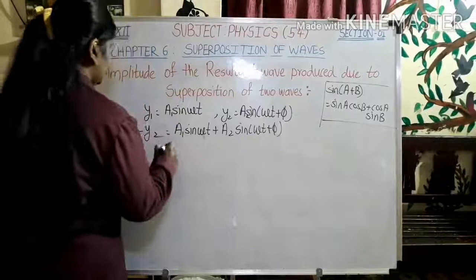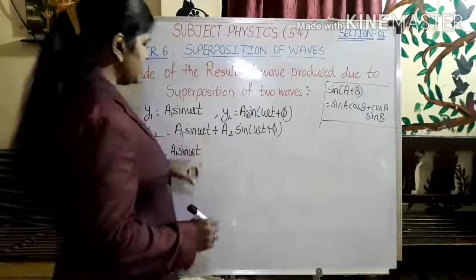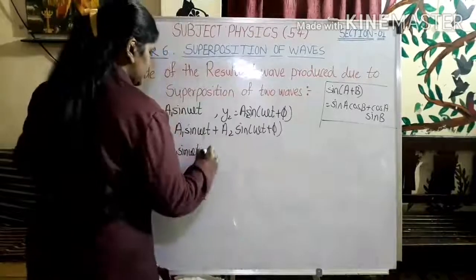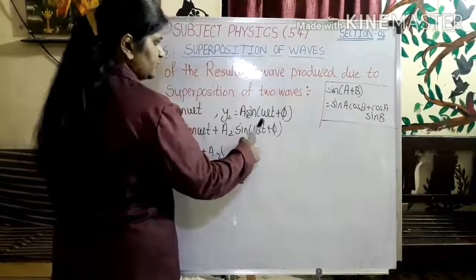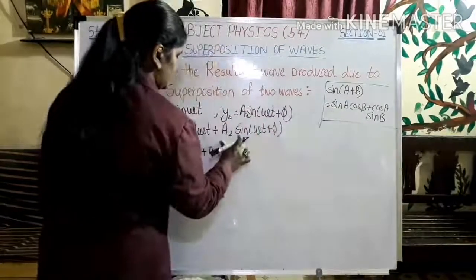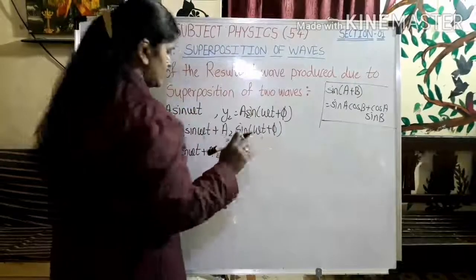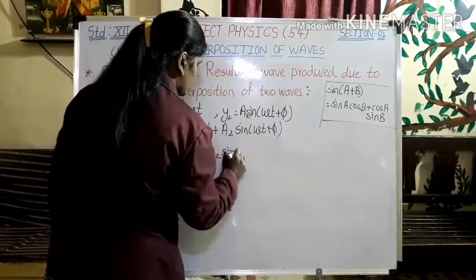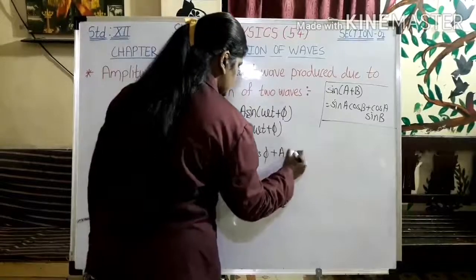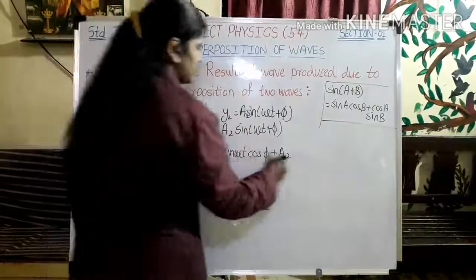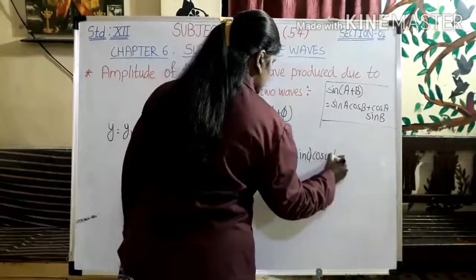So a1 sin omega t will be as it is. Next is a2 into the bracket, sin a cos b, so by multiplying by a2, I write directly: sin omega t cos phi plus a2, and then sin phi cos omega t.